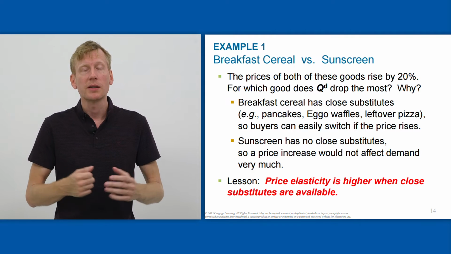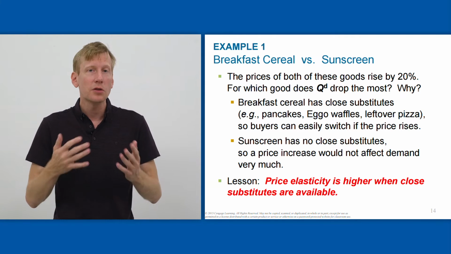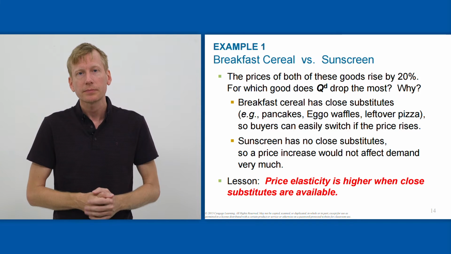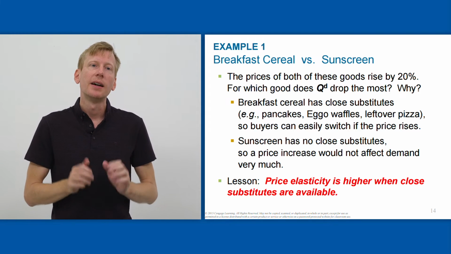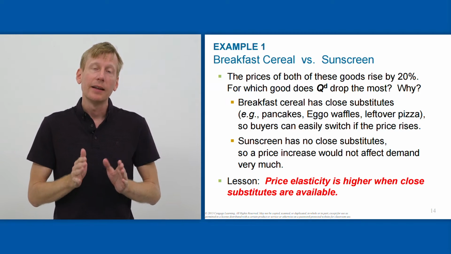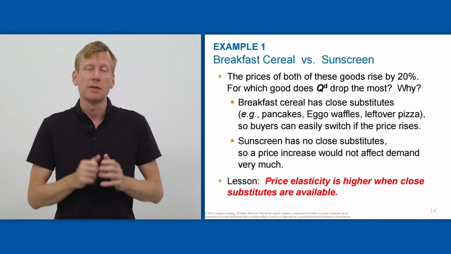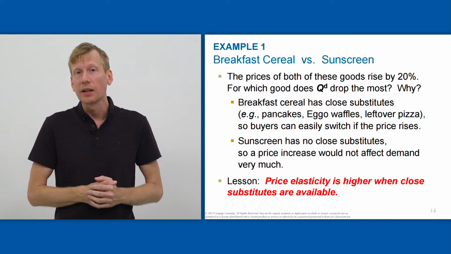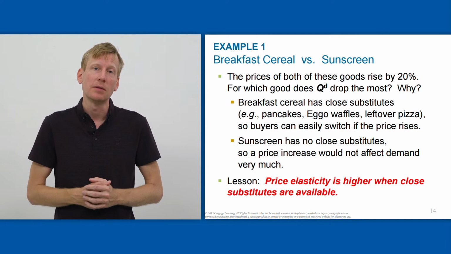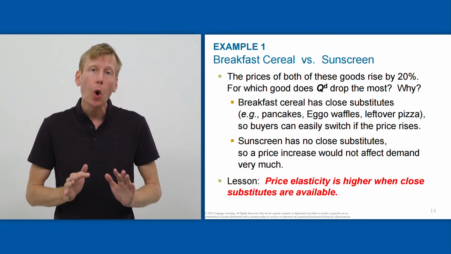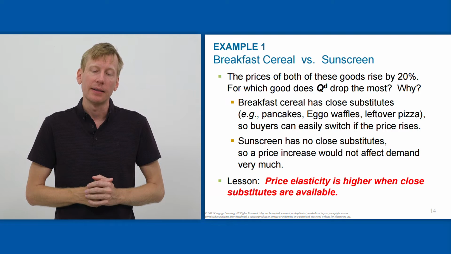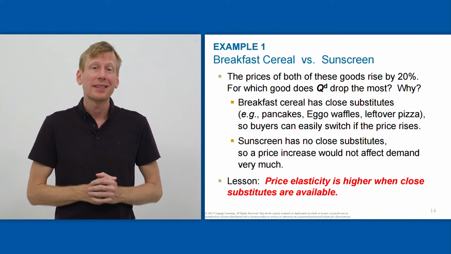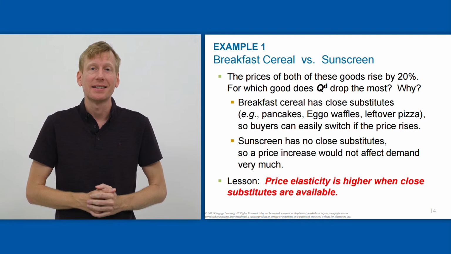If you increase the price of breakfast cereal by 20%, consumers would be likely to switch to buying some other breakfast food. So this is the first determinant of the elasticity of demand, the number of close substitutes, the fact that they exist and how close they are. Sunscreen, because it does not have many close substitutes, would be expected to have a low elasticity of demand. Breakfast cereal, because it has many close substitutes, would be expected to have a high price elasticity of demand.